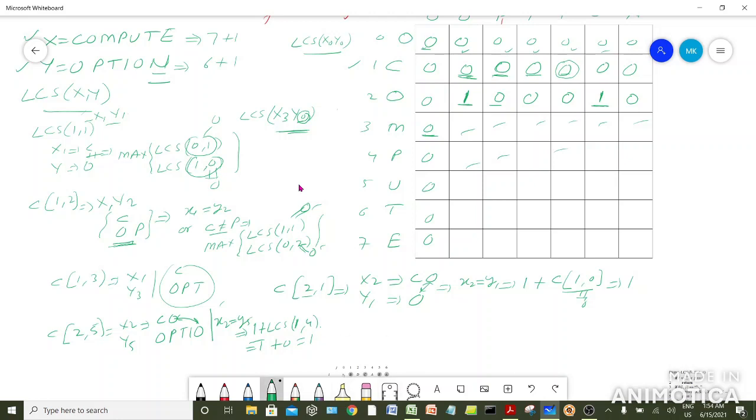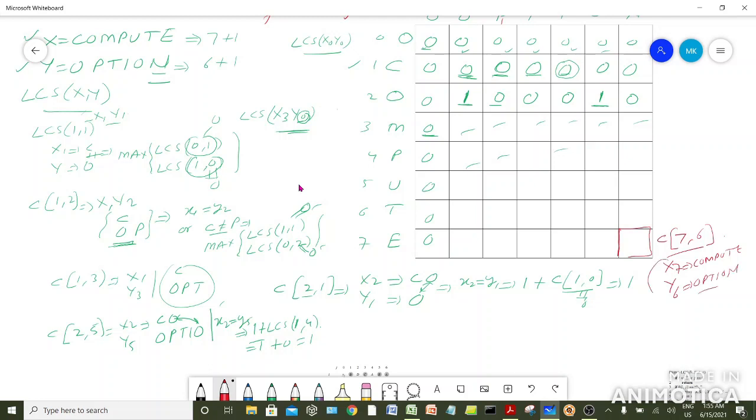Fine. Once we reach this entry, the entry denoting C of 7 and 6, it is the length of the subsequence when x7 and y6 are considered, or you can say when COMPUTE was considered against OPTION as a whole.